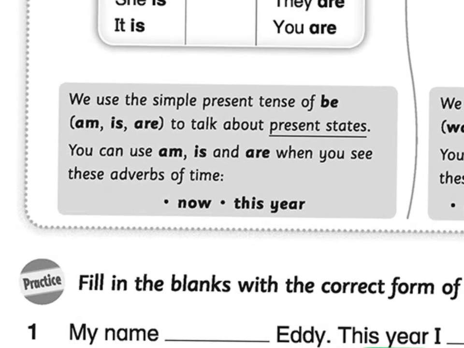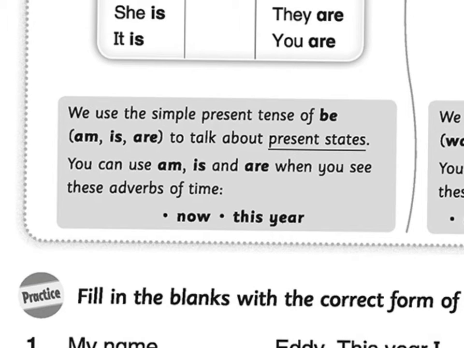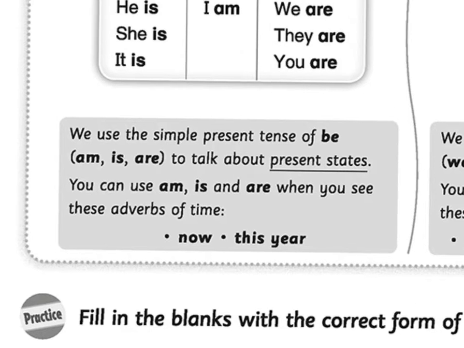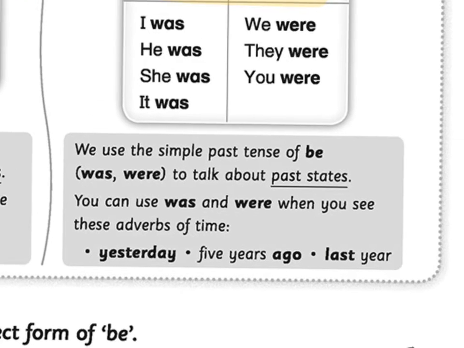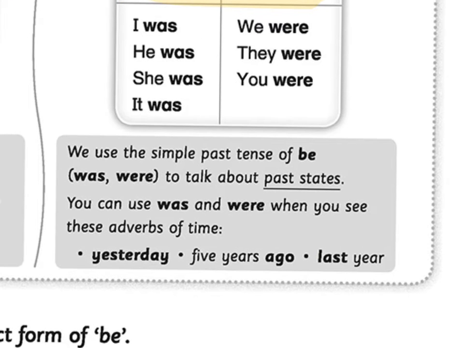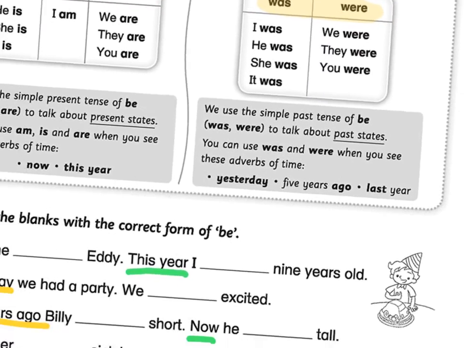Sometimes in the sentences you can find the adverbs of time, like now, this year, to tell you that we should use present tense. Or some adverbs of time of the past, yesterday, 5 years ago, last year, that tell us that we should be using past tense.